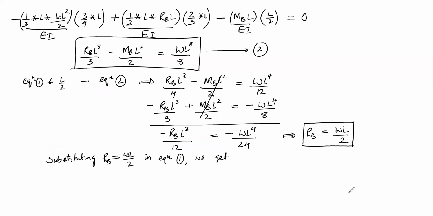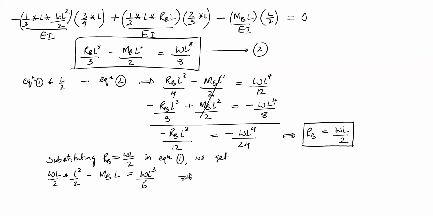So the equation will be WL by 2 into L square by 2 minus MB into L is equal to WL cube by 6. Here the only unknown is MB.